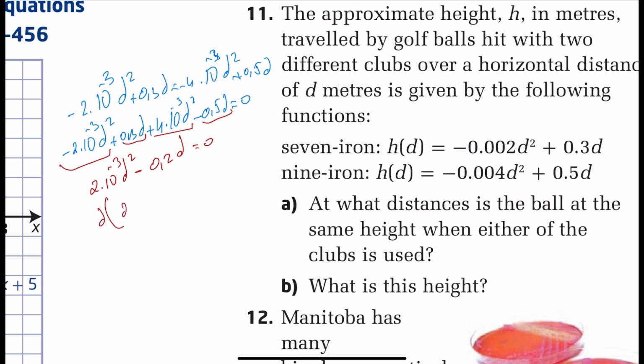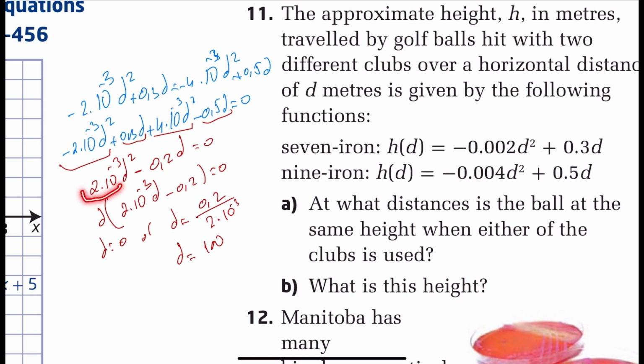So this will be d times 2 times 10 to the minus 3 d minus 0.2 is equal to 0, which means d is equal to 0, or d is equal to 0.2 divided by 2 times 10 to the minus 3, which is d is equal to 100.